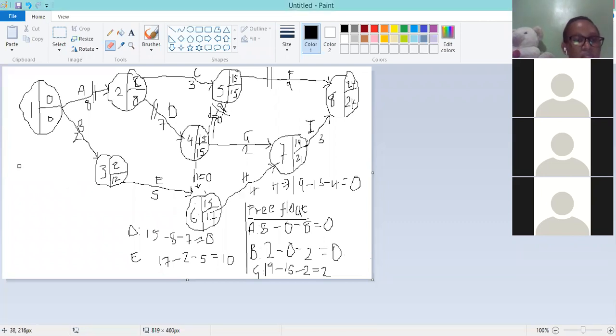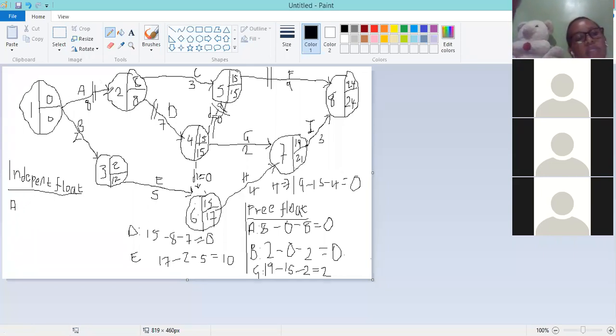So let's start with the computation of independent float. I may start with an activity like A, which is actually a critical activity.